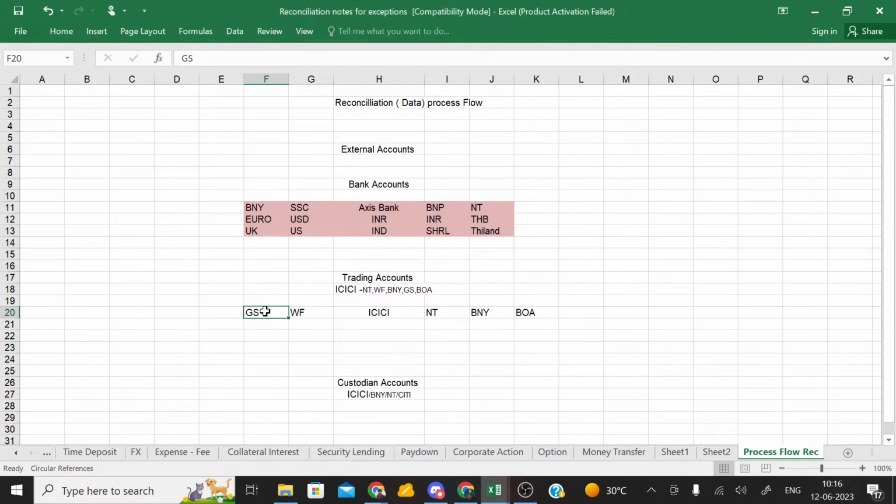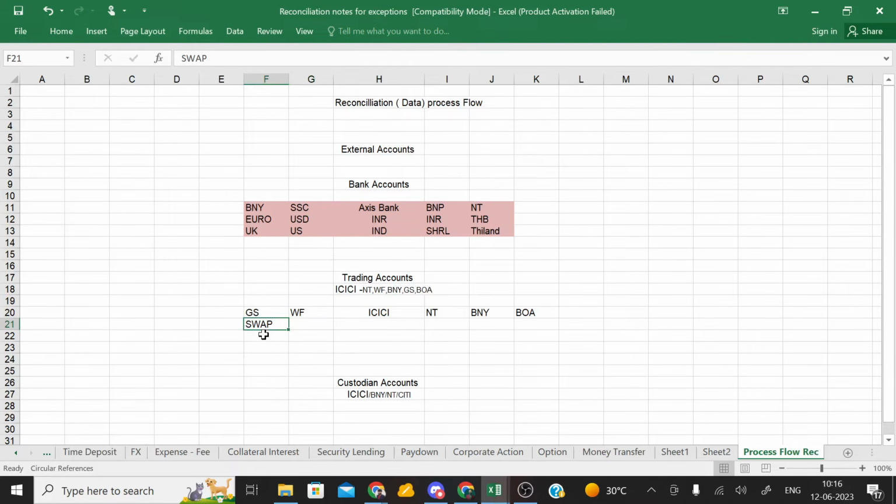Right? Same, let's say this broker will work for different currencies, but let's assume Goldman Sachs is for swap contracts, whatever swap contracts the fund will sign.